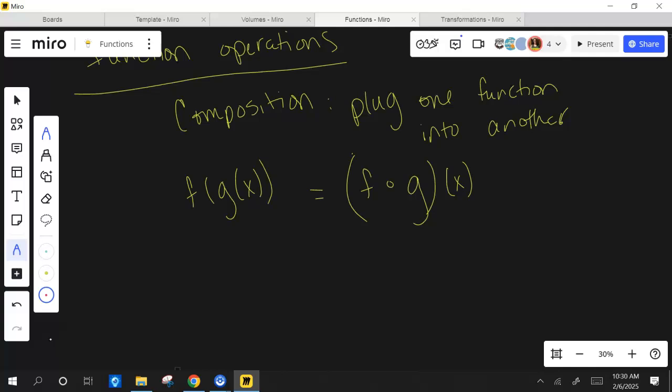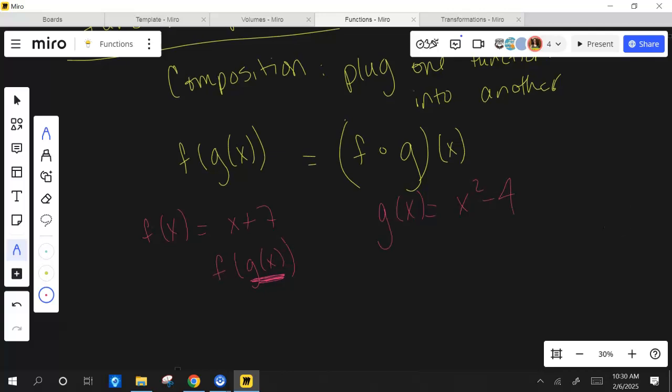Let's say f of x equals x plus 7, and let's say g of x equals x squared minus 4. If I asked you to find f of g of x, that means I take what's inside, and I plug that into the outside function.